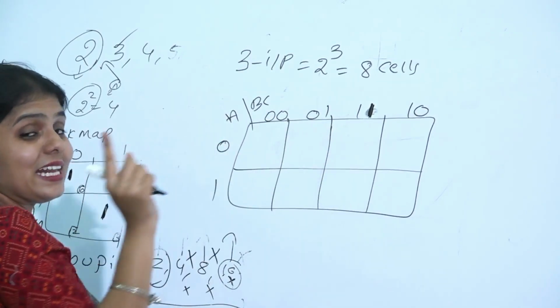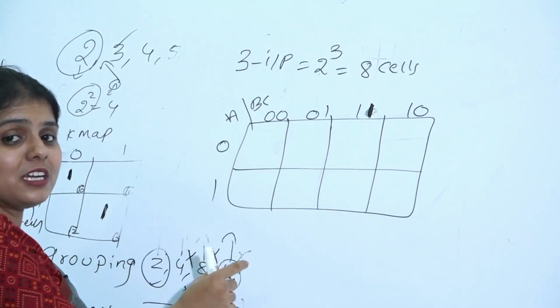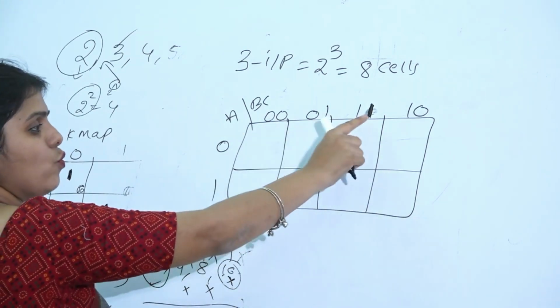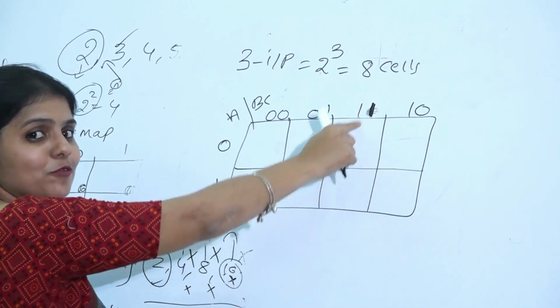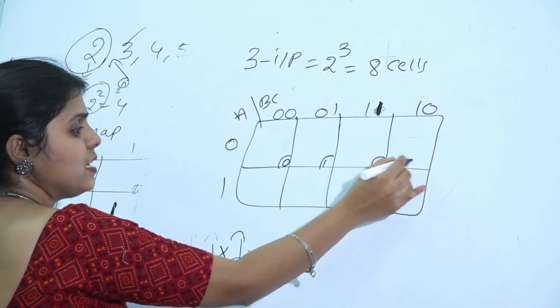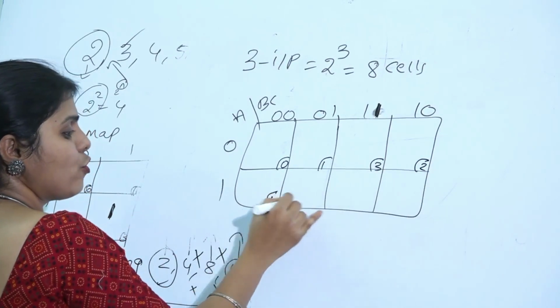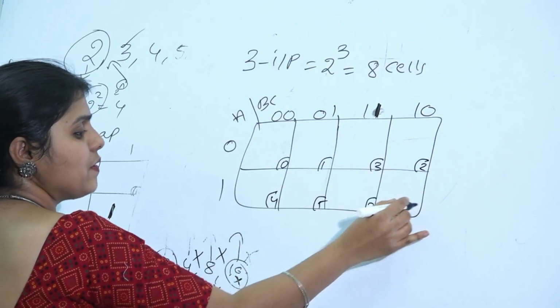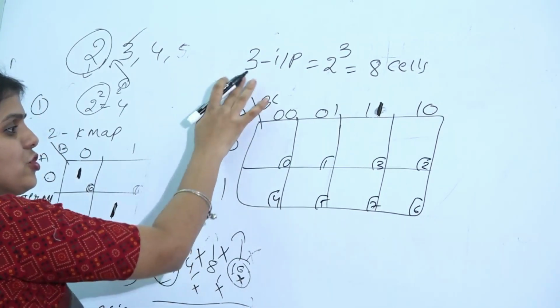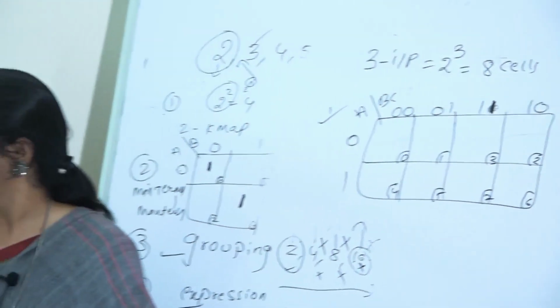So we go for Gray code representation in the cell arrangement when we go for K-maps. So instead of putting 1, 0 and 1, 1, we will put 1, 1 and 1, 0. So this will be 0, 1, 3, 2, 4, 5, 7 and 6th cell. This is how we arrange the cells in a 3 variable K-map.